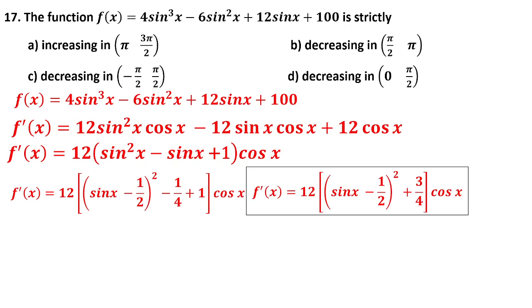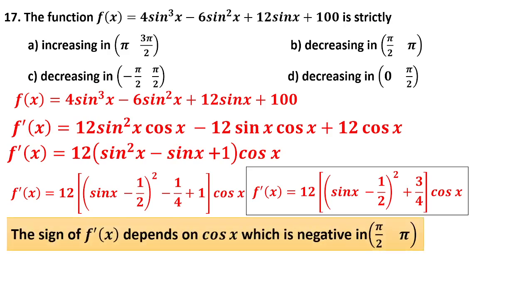Now let us visualize what f dash of x is. This f dash of x contains two terms: sin x minus 1 by 2 the whole square plus 3 by 4, and cos x. The first term, sin x minus 1 by 2 the whole square plus 3 by 4, cannot be negative. Therefore the nature of this f dash of x depends on the nature of cos x.